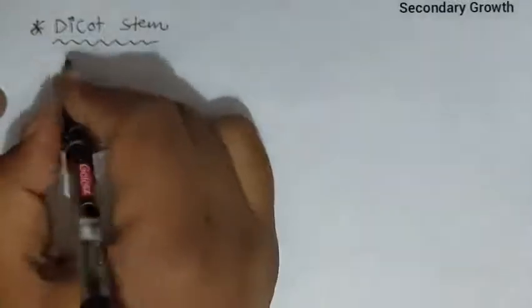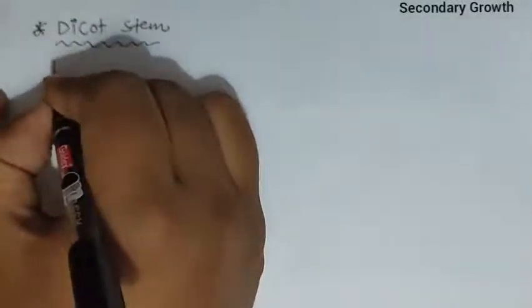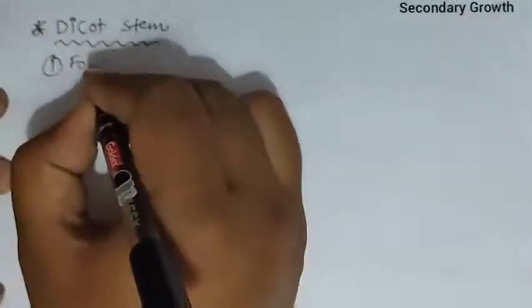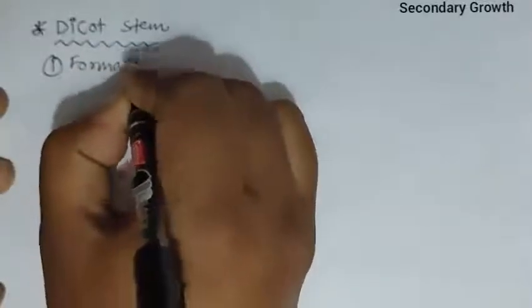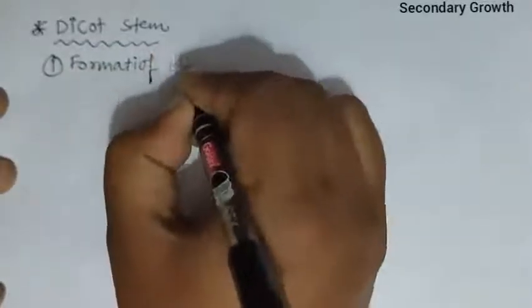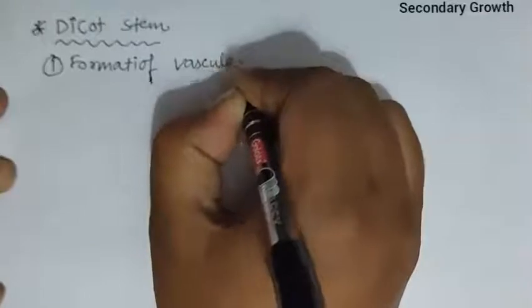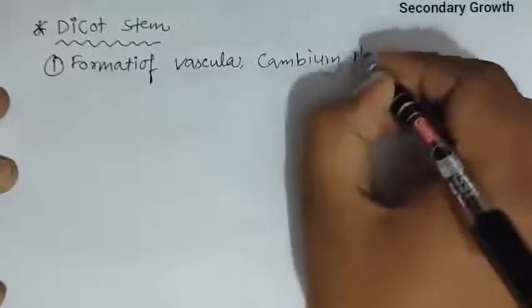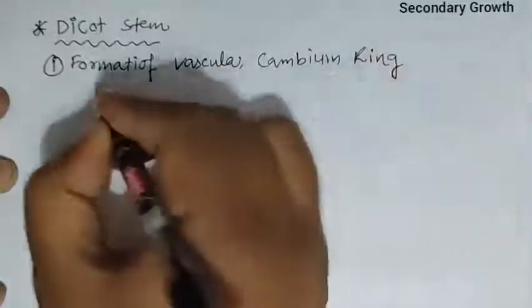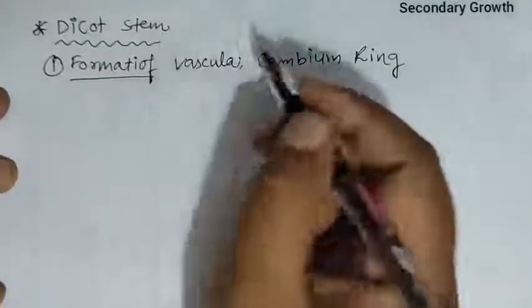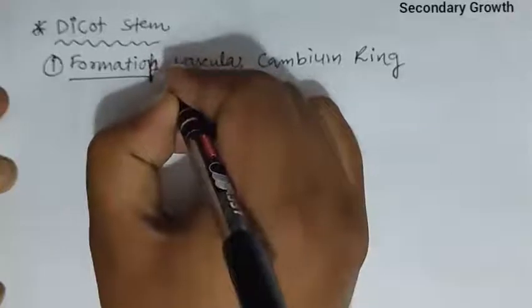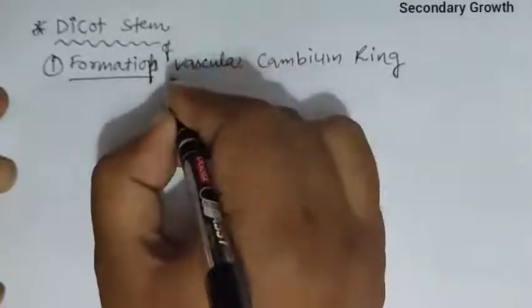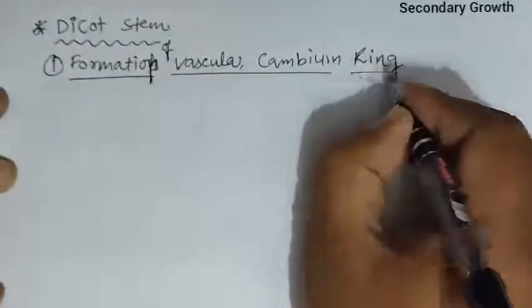When we talk about secondary growth in the dicot stem, first we talk about the formation of the vascular cambium ring.